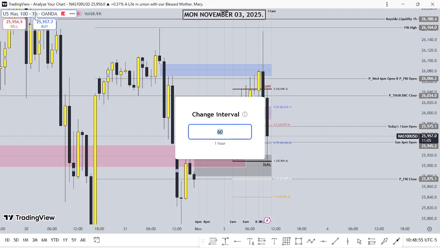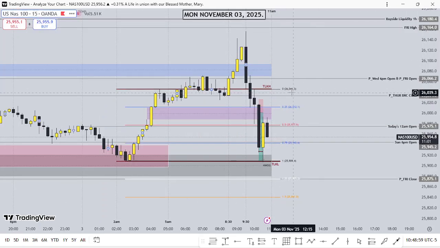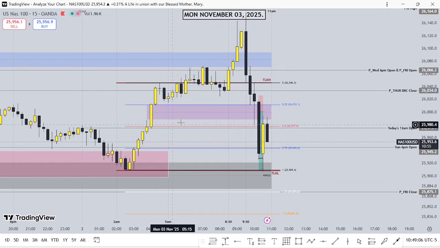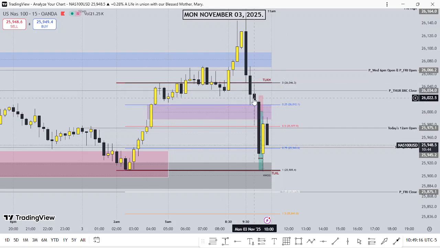Let's go to the 15-minute time frame. I think my dealing range will be more clear on the 5-minute time frame. But on the 15-minute time frame, once I saw that price was really coming lower this way, I was not on my chart by 10 a.m.; I came on at 10:13, I guess.